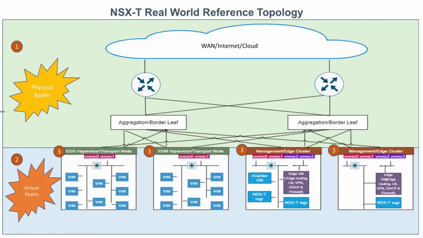Technically, you can club your workload cluster with edge functions. Yes, of course you can do that. But ideally, you should go with a separate cluster for workloads and a separate one for hosting infrastructure elements such as vCenter, NSX-T Manager, and all other edge functions. This is exactly what you could find in my topology.